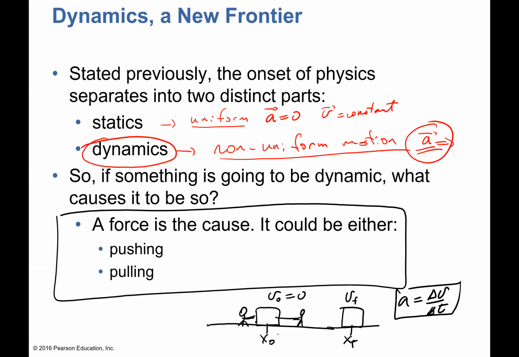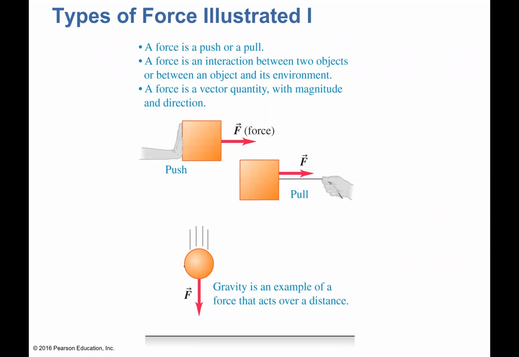The simplest way you can think of it is some kind of push or pull, something pushing or pulling. That's the best example of how you define force. So a force is some kind of push or a pull.